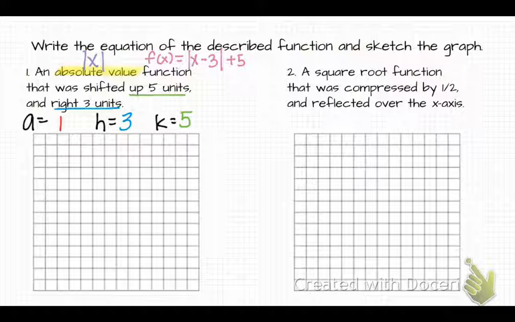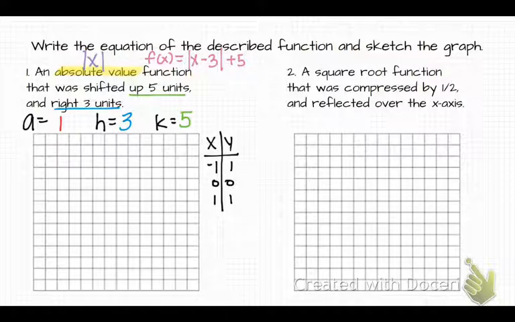It says graph. So before I graph, I like to use my table. So, from the board, which table am I going to use? The first one, the second one, or the third one? Second. Good. Absolute value is the second table. Now, do I have to multiply by an a value? What is the a value on this question?